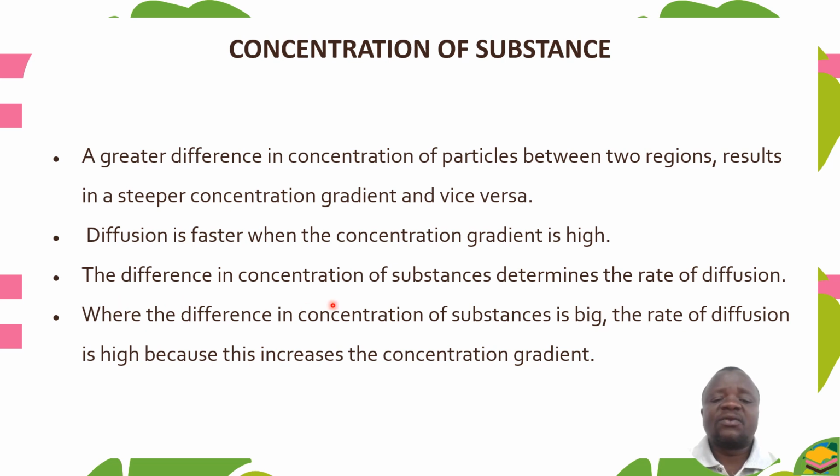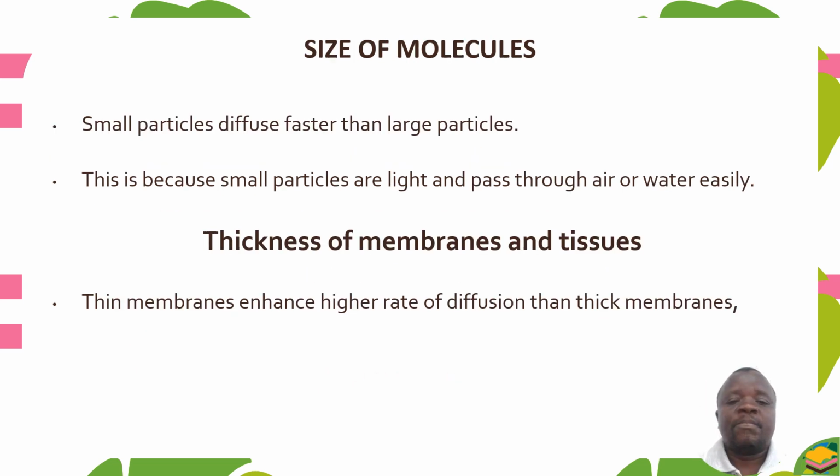So the difference in concentration of the substances determines the rate of diffusion, how fast the particles will move. So where the difference in concentration of the substance is big, the rate of diffusion is high because this increases the concentration gradient or slope.